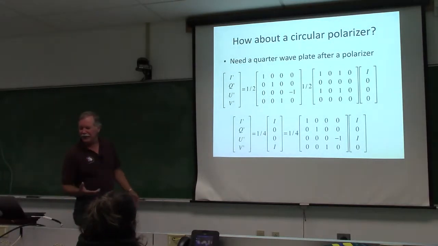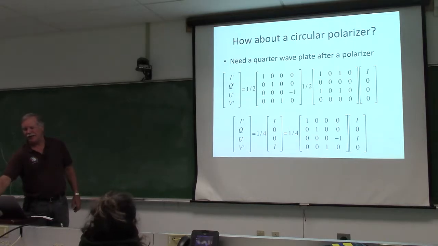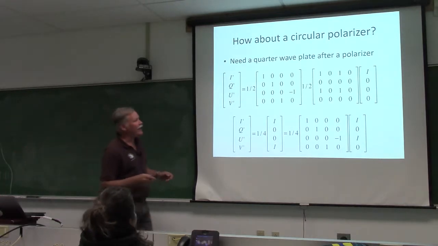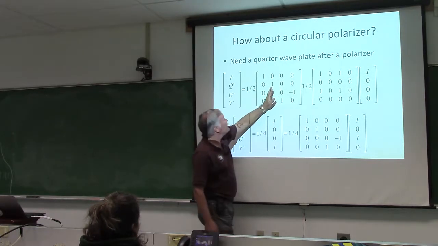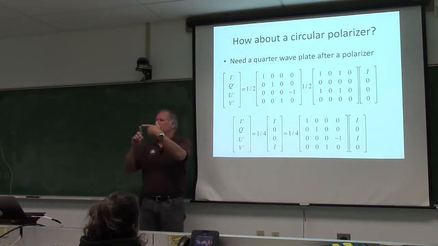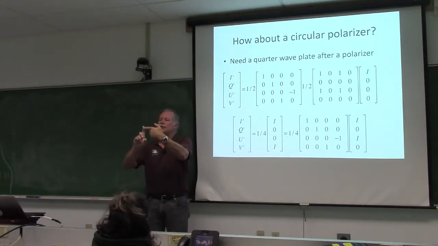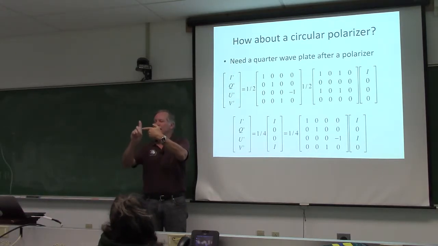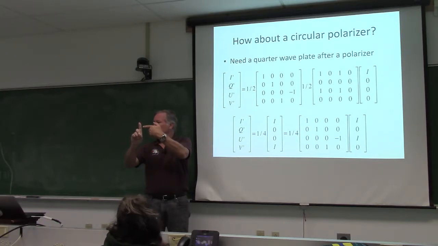Circular polarizer. To make a circular polarizer from unpolarized light, I have to have a polarizer at 45 degrees, say, and then what's called a quarter wave plate. A quarter wave plate has a retardation such that when light goes through, one axis is a quarter wave, so 90 degrees out of phase with the other axis.